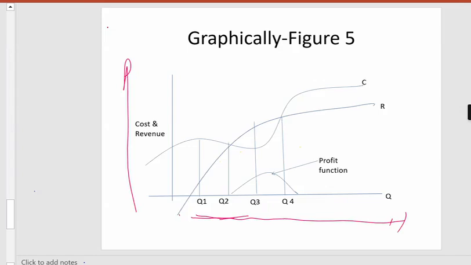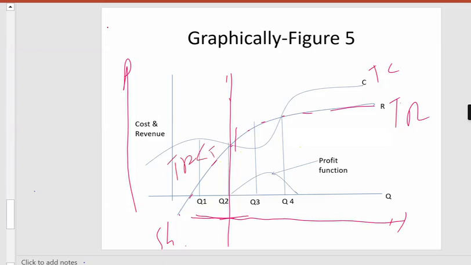This line here shows total revenue. And this one represents total cost. Initially, at this stage, when you are starting production, this is like a short run. Total revenue is less than the total cost curve. You see the revenue is below the cost.